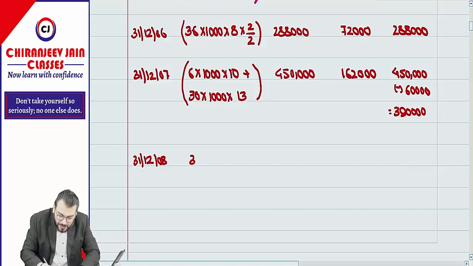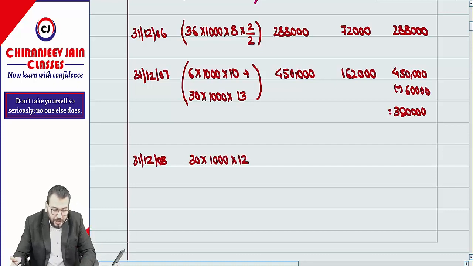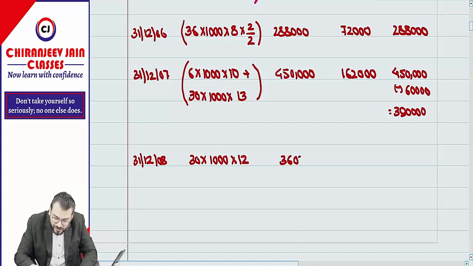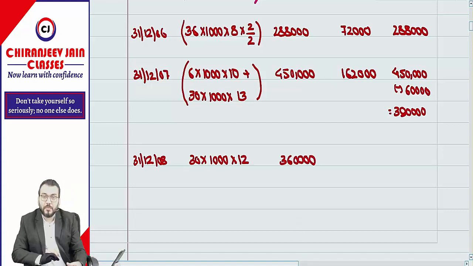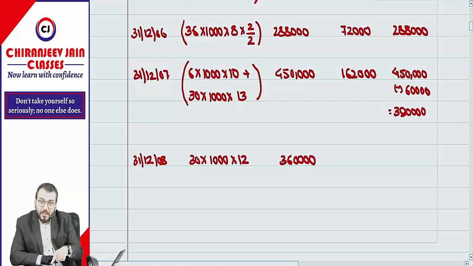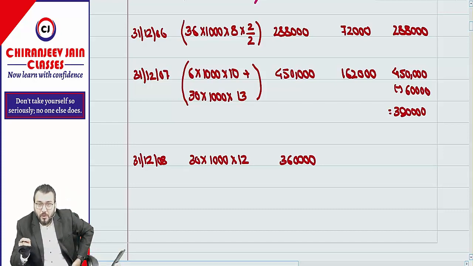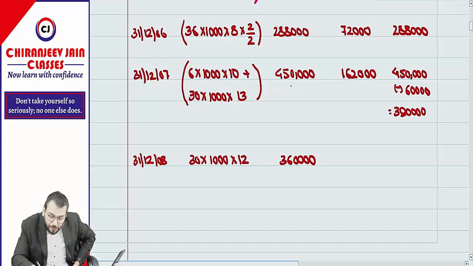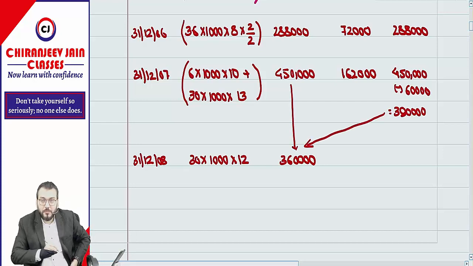Now remaining 30 employees will exercise based on intrinsic value, that is 12. So it becomes how much? 3,60,000. Correct? Yes, sir. Now just try to understand, to find out the expense, will you compare with 4,50,000 or 3,90,000?